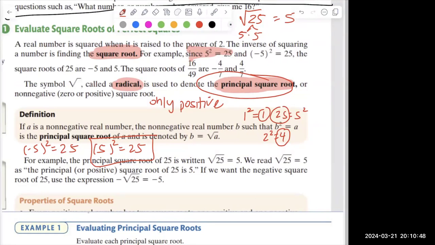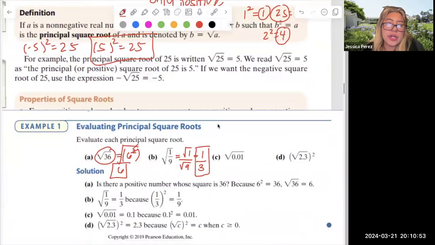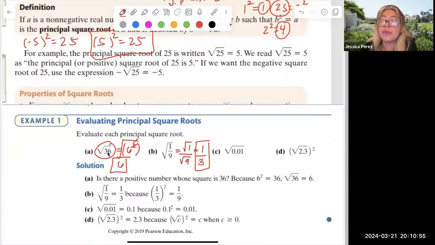Nick? Yes. So 36 is a perfect root because that's 6 squared. And we want the principal square root, so we only want the positive one. There's a negative and there's a positive, because -6 squared is also 36. But I want the principal square root, which is the positive only.